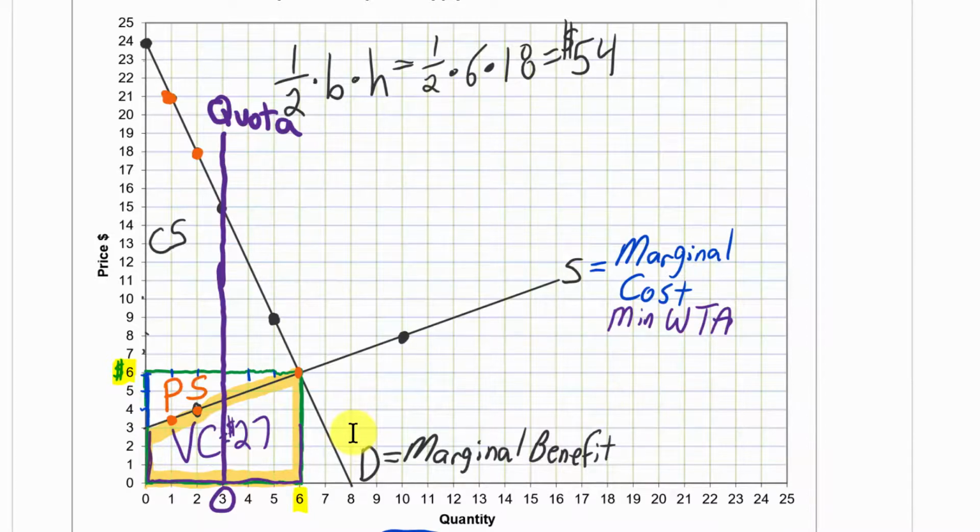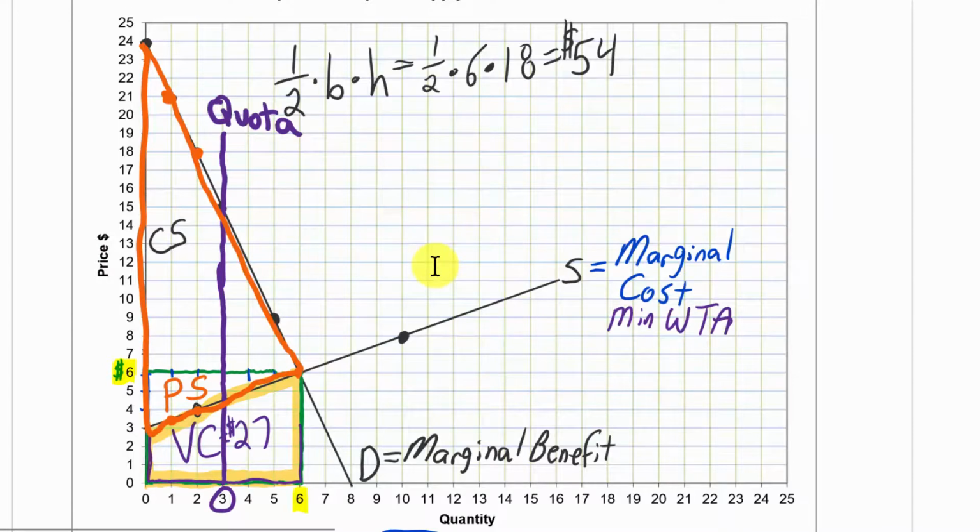Now remember that total surplus triangle that we had before. That total surplus used to be all of this consumer and producer surplus. But now we're not able to get surplus for the 4th or the 5th or the 6th box of cookies. Or in a real situation, this would be anything past the 3,000th or 3 millionth box of cookies is going to be cut off. So what's going to happen to that total surplus?